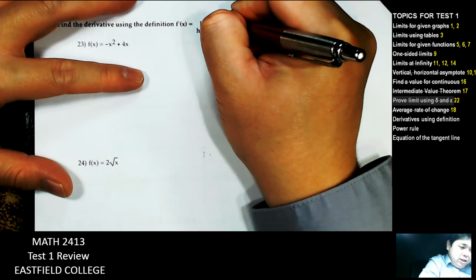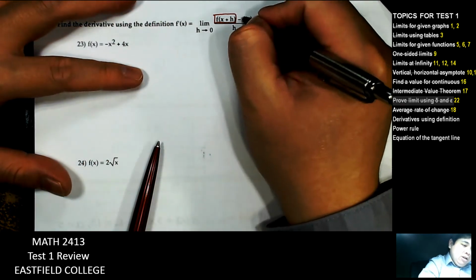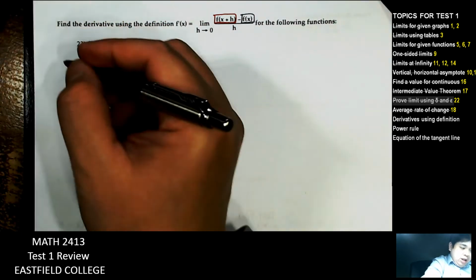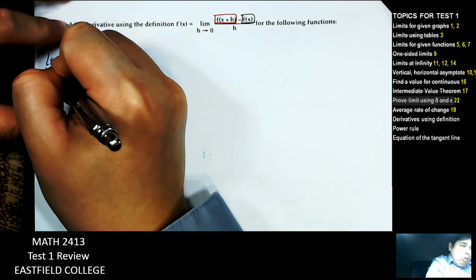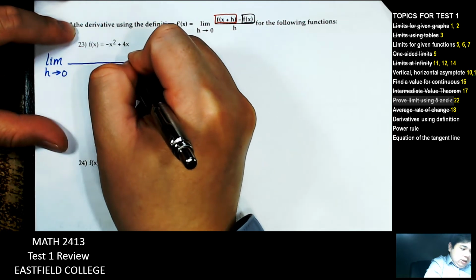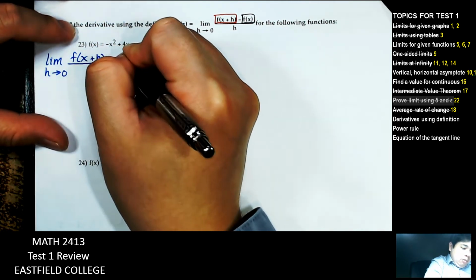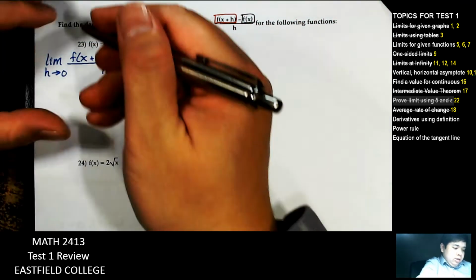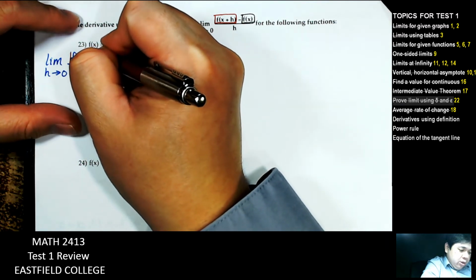So we have this minus the function itself. So let me write it out again. Limit when h goes to 0 of f of x plus h minus f of x over h. So put the box around f of x plus h.